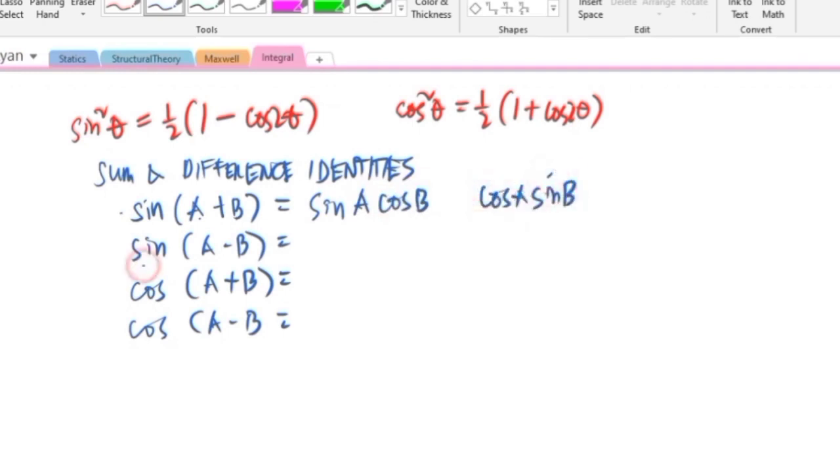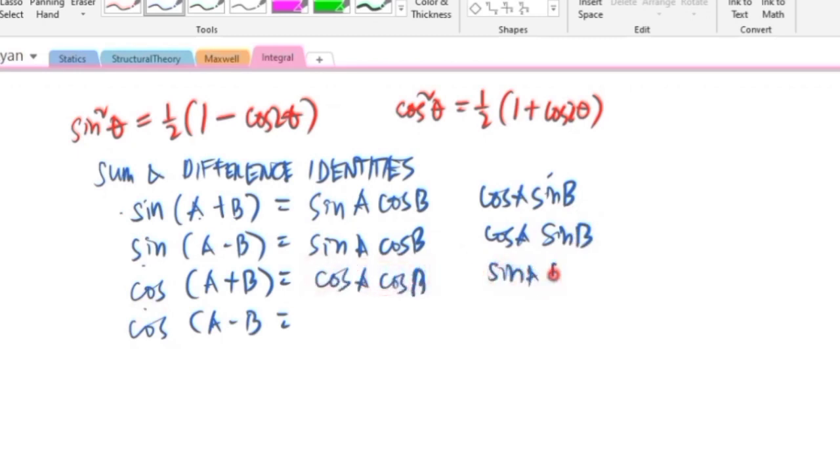And for the cosine, I have the cos, cos, sin, sin. So, cos, cos, sin, sin.